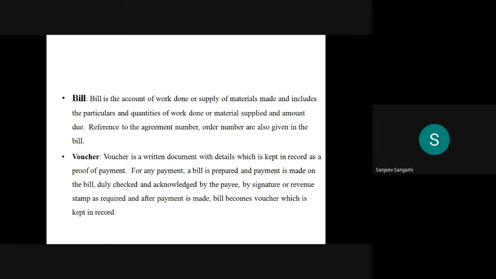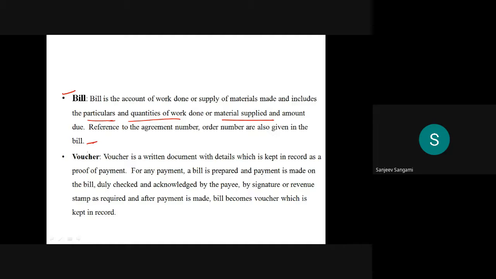Okay. So what is the meaning of this bill? A bill is the account of work done or the supply of materials made. It includes the particulars, quantities of work done or material supplied, and the amount due. Reference to the agreement number and order number are also given in this bill.